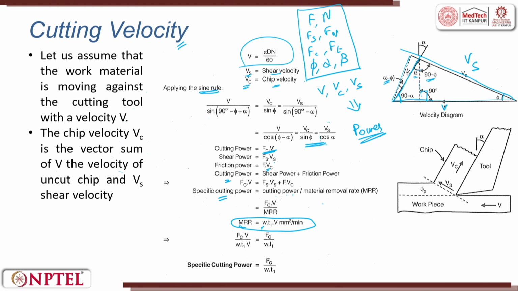So, the specific power will be Fc into V by W T1 into V. So, this V goes off. So, it is Fc by width into T1. So, this tries to give you the specific cutting power. Specific cutting for a unit amount of material, what is the power required, is the specific cutting power.